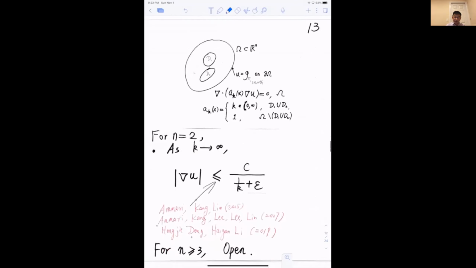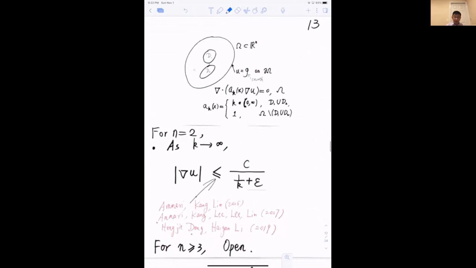And we also mentioned, when this ellipticity k goes to infinity, what should happen? So for n equal to 2, as k goes to infinity, this A_k is still like k and 1, looking like this situation.